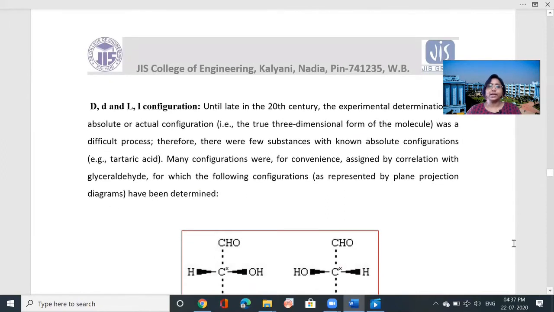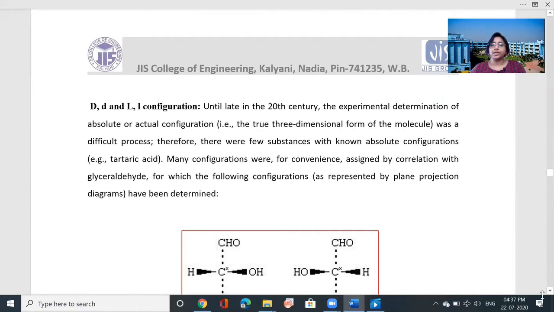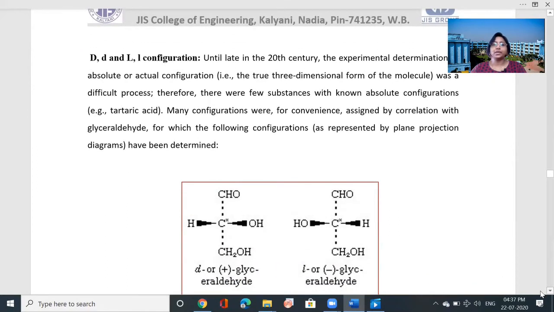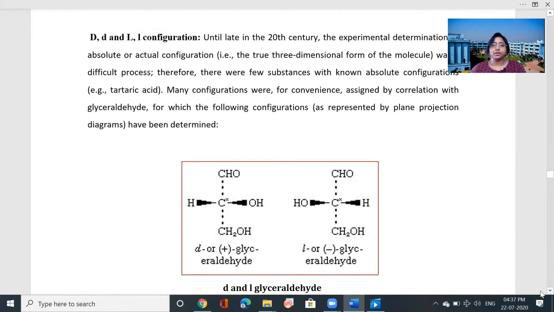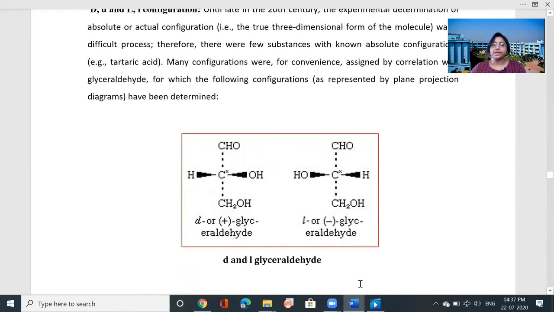Now the DL configuration, how you can understand it. Here the structure of glyceraldehyde is given. Which one is D configuration, which one is L configuration? Here you can observe the OH group at the left side in one figure, and in this figure the OH group at the right side.